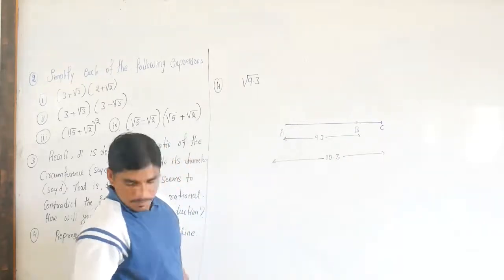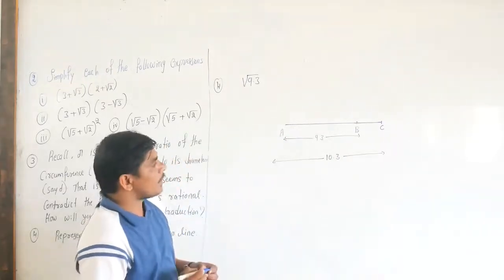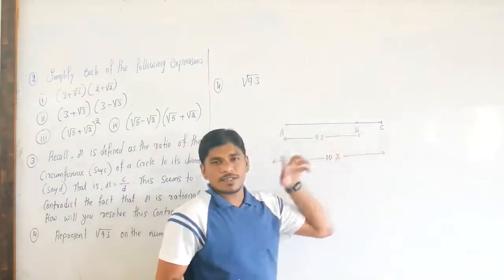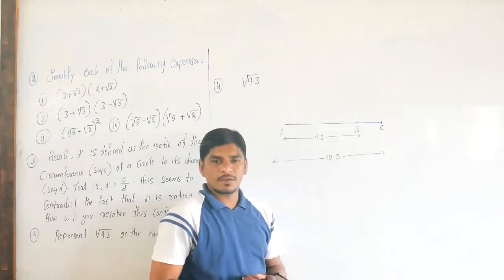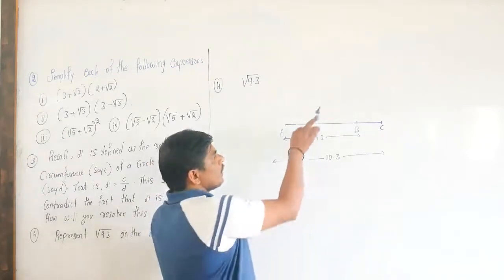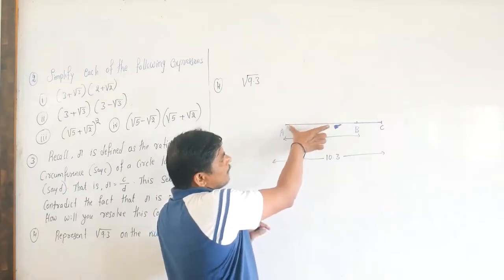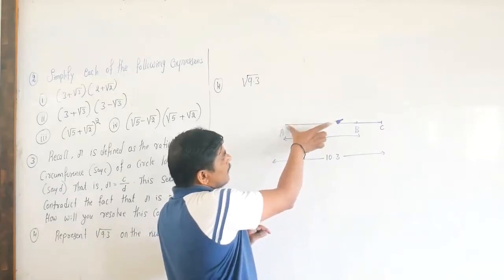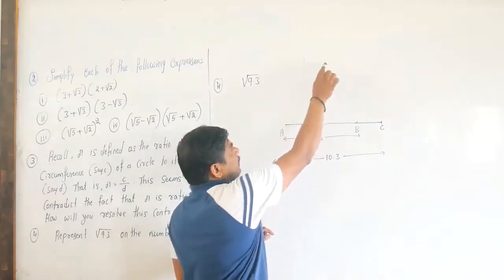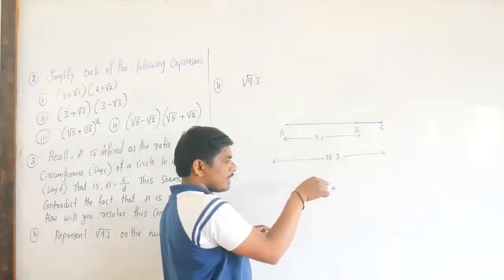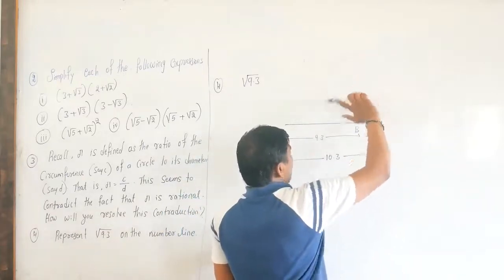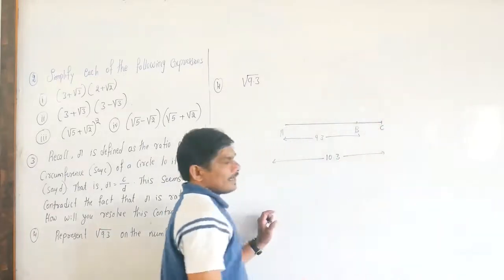Now, by using a compass, we bisect the line AC according to the bisecting procedure. Taking more than half the AC length, draw arcs on the upper side and lower side from A, then with the same length from the other end point C, draw arcs on the upper and lower side.